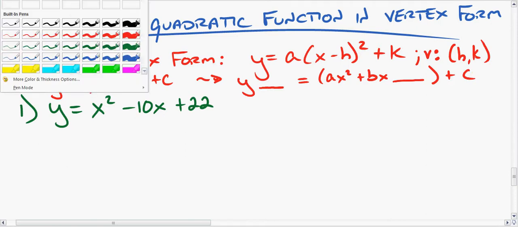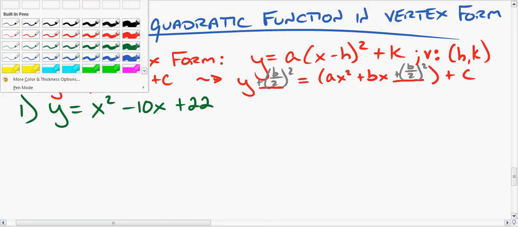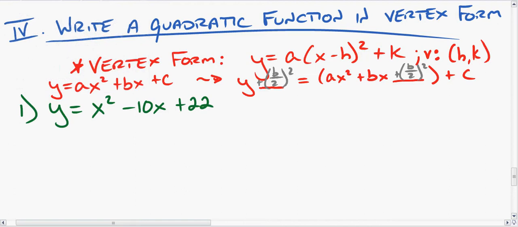Remember, what we do to one side of the equation, we have to do to the other side to balance it. By doing this, it's the first step of transforming the standard form into vertex form. So that's what we're going to do.